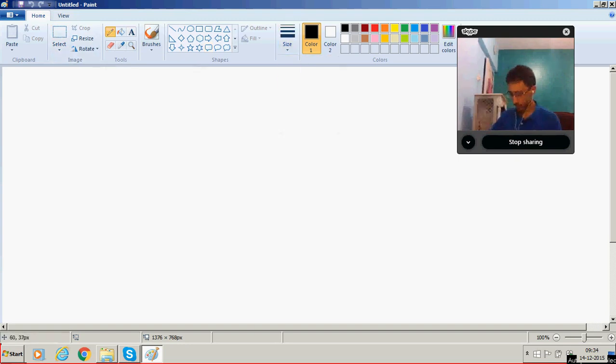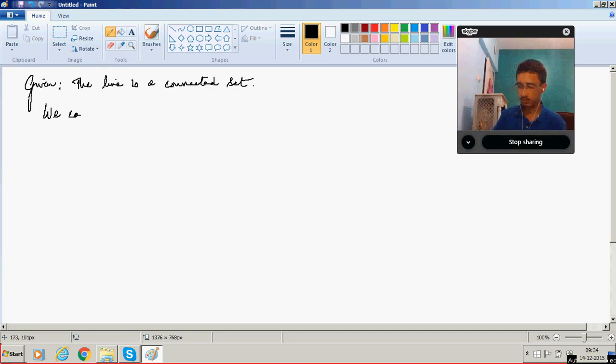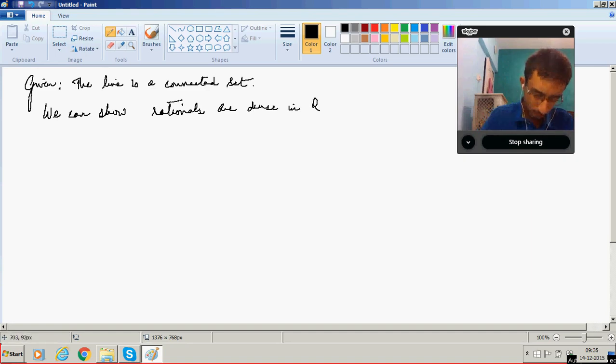So given or having proved the line is a connected set, we can show rationals are dense in the reals. What does it mean?